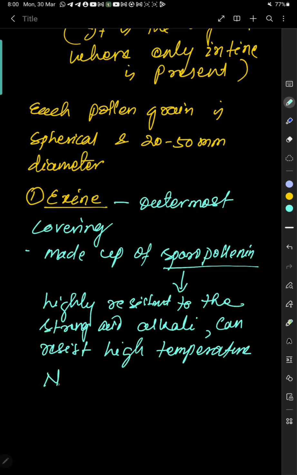So no enzyme can digest the sporopollenin.